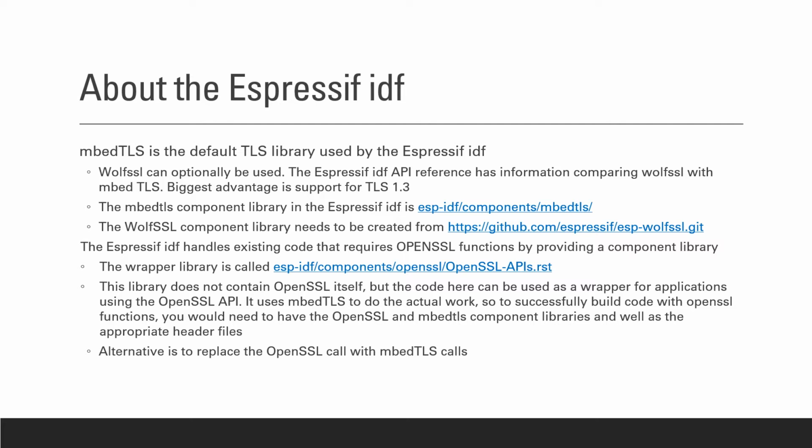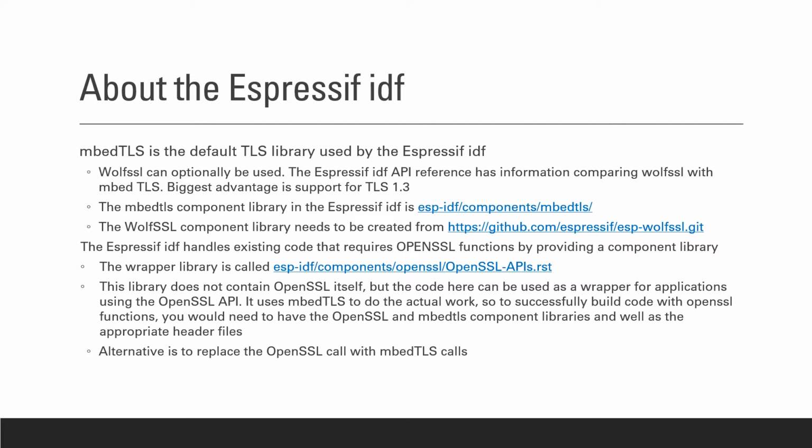Its licensing is a little bit simpler than Wolf SSL, who will allow you to use their code for free, but they want to talk about it. And so this is a good company. They produce good code, and for some people it might be the best way to go.